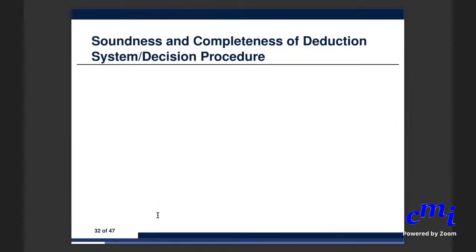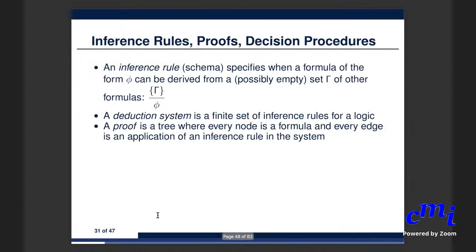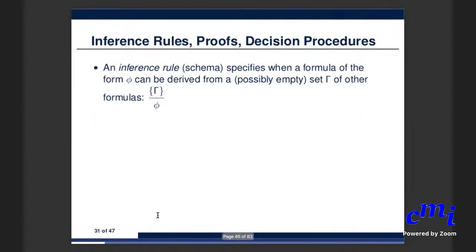Now, if you've taken the logic course, you will have seen that there are two very important notions for logic, which are really properties or attributes of a deduction system. This can be applied to a decision procedure also. One is soundness and the other is completeness, and I think this is important for you to know. This relates the two notions. We talked about proving logical implication using a deduction system, which consists of inference rules.